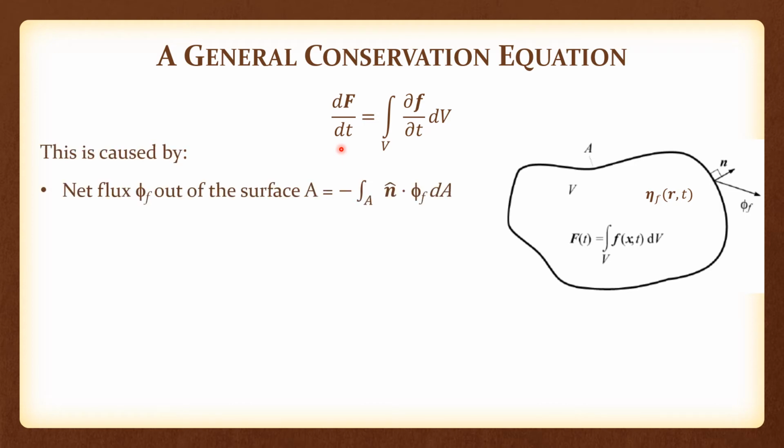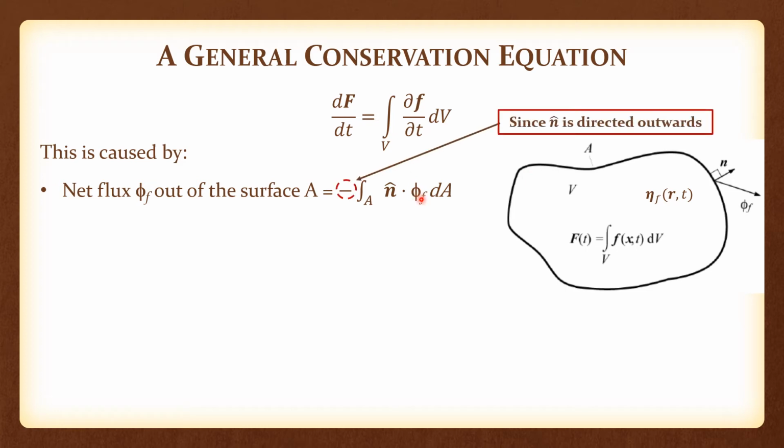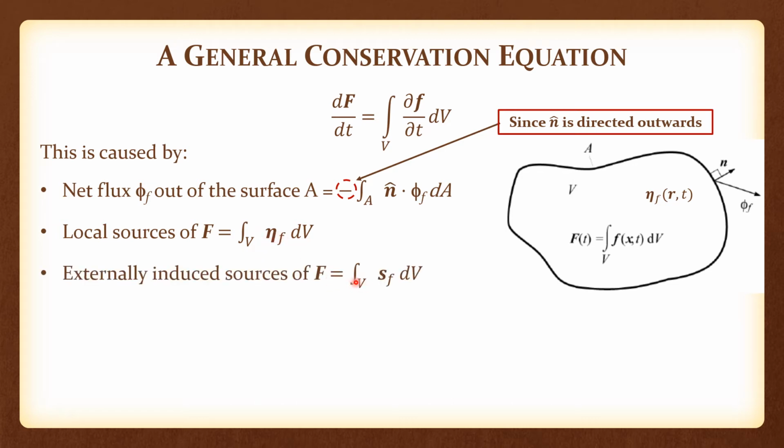This is caused by the net flux out of the surface, which is given by the surface integral of n dot phi_f dA, n being the outward normal that indicates the orientation of the surface at any point, and then you take the dot product with the flux, phi_f. Since n is directed outward, you have a negative sign. For local sources of f, you integrate over the volume eta_f, and for externally induced sources of f you integrate over the volume s_f.